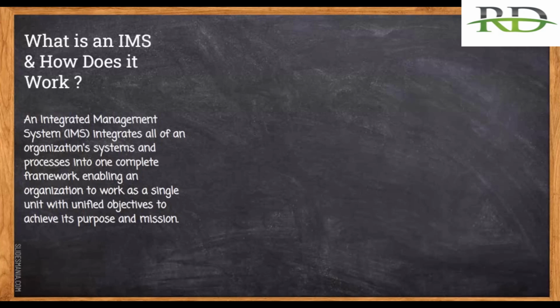According to ISO, an integrated management system should integrate all of your organization's systems and processes into one complete framework, enabling your organization to work as a single unit with unified objectives to achieve its purpose and mission.